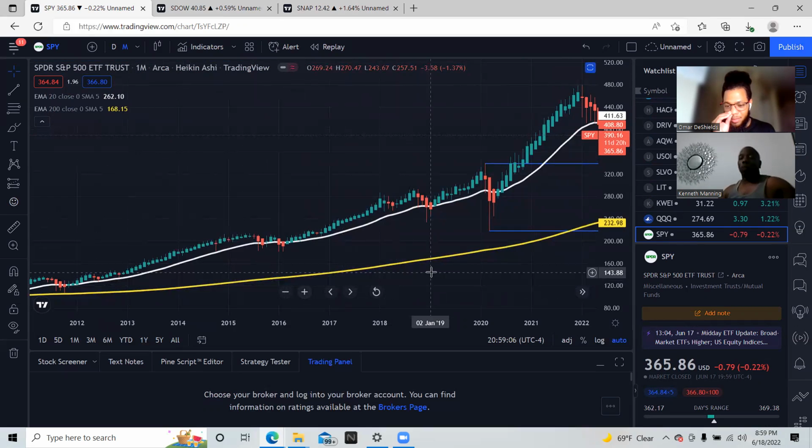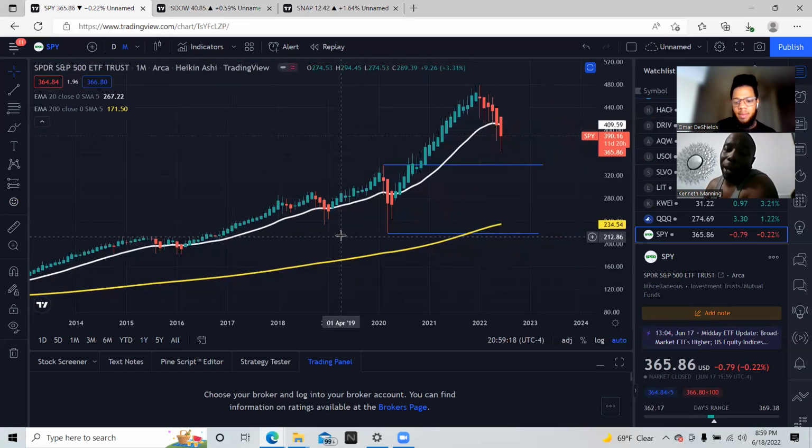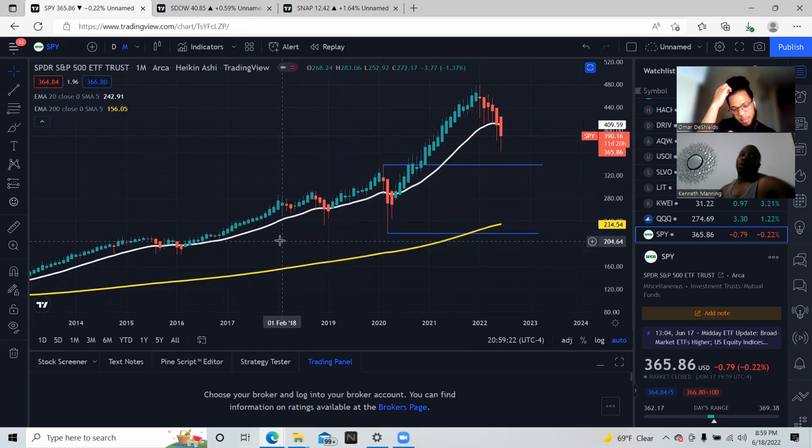We need to hold these levels. Now it may go up and down, but if it's trending down overall, we're heading to at least the bottom of that pandemic low. We need to hold that. We have to hold that level because now you're talking about sovereign debt crisis, currency crisis, and like I told you before, even offline, I bought some foreign currency just in case we don't hold.